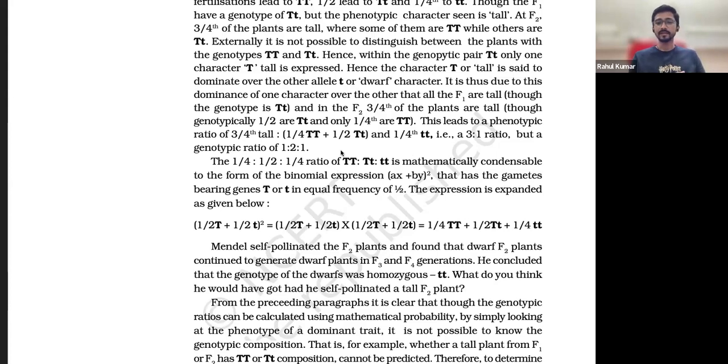Write down the binomial expression: (ax + by) whole square is a mathematically condensed form of the F2 genotypic ratio in a normal monohybrid cross of Mendel.